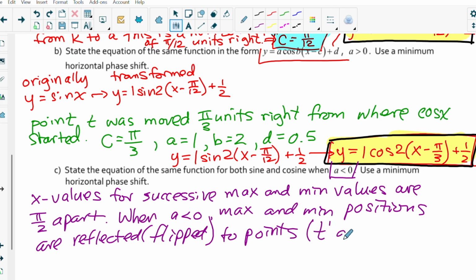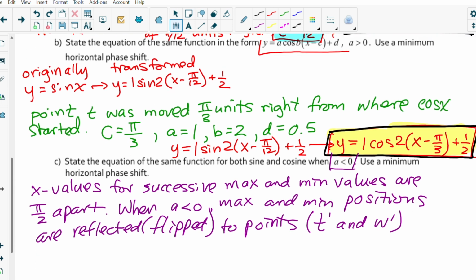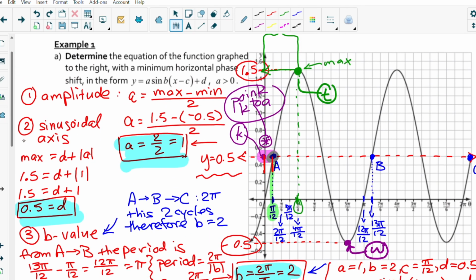So it's flipped to points T prime and W prime. Let me label that on the graph. So when A is less than 0, max and min positions are reflected to points T prime and W prime.